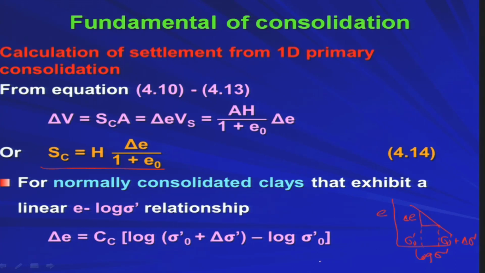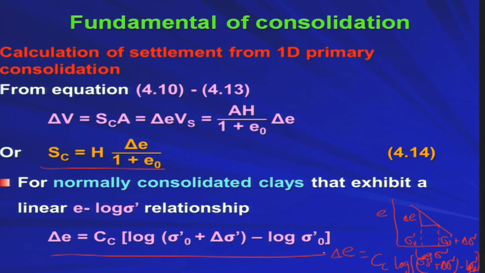So from there I can establish delta e equal to some constant C C into log of sigma naught prime plus delta sigma prime, minus log sigma naught prime. That we can establish from this plot.